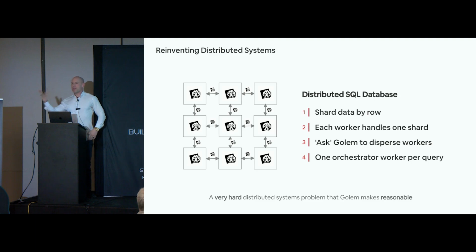And then on the flip side, let's think big picture and think, well, what if we were building a distributed SQL database? This is one of the biggest challenges in distributed systems, building something that gives us ACID guarantees for any SQL query that's distributed on thousands of nodes.